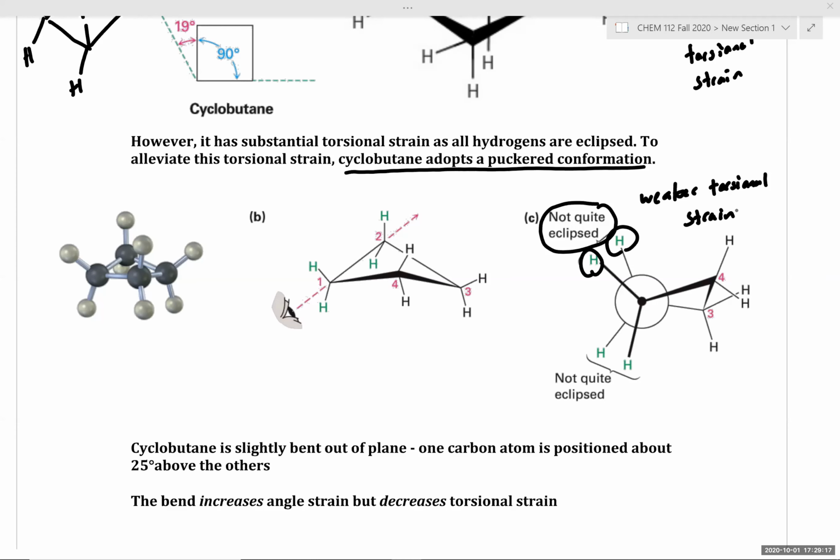Does that make sense? Does the reason behind why these ring systems adopt a 3D conformation make sense? It's to minimize torsional strain and minimize eclipsing interactions.